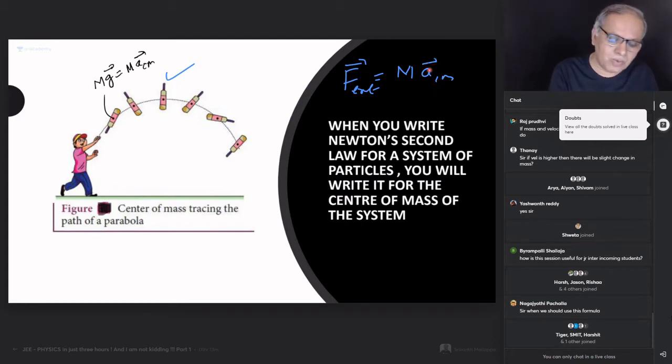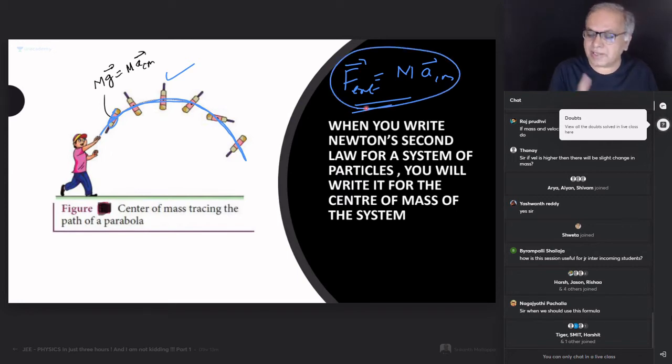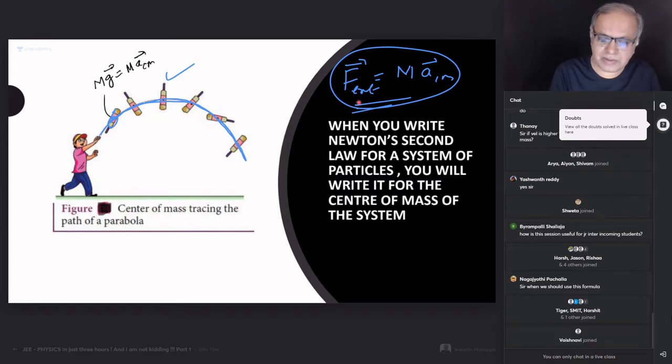That means the whole body, for the sake of F equals ma, will be considered as a point mass at the center of mass. And for that, you write the Newton law of motion, this one. So this is Newton's second law extended to many particles.